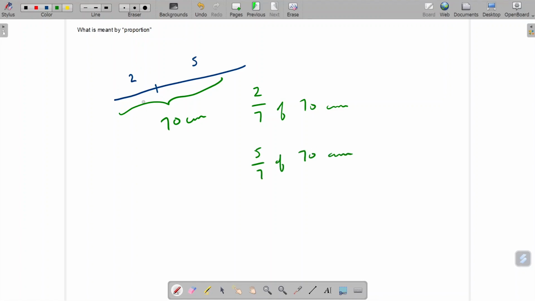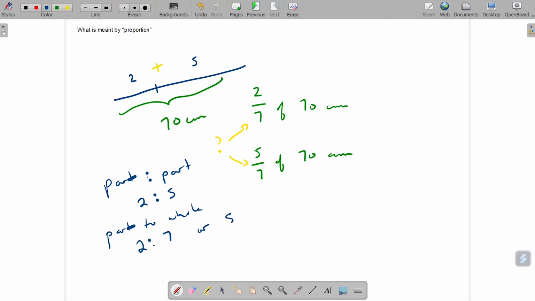Now, a key concept here is, where did that 7 come from? That 7 came from realizing that if I have parts to part, I also have the notion of parts to whole. So if the part to part is 2:5, then I also realize that the part to whole will be 2:7 or 5:7.